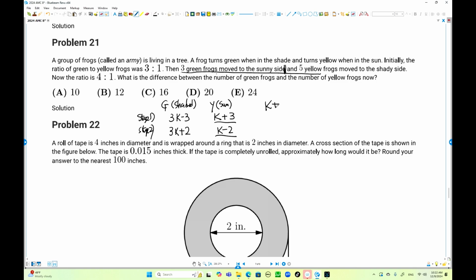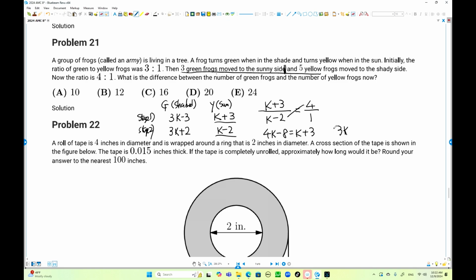K plus 3 over K minus 2 equals 4 to 1. So cross multiplication, okay? 4K minus 8 equals K plus 3, which is what? 3K equals K plus 3.